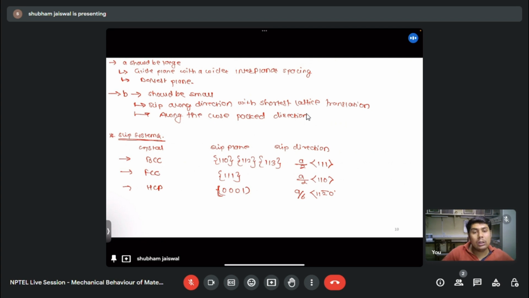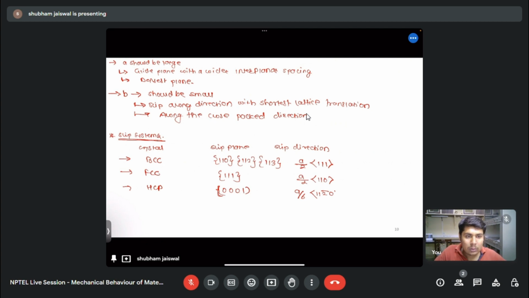So this is about the slip systems present in the different crystal structures. Similar to that, we have also seen how we calculated the planar density for the different planes in the FCC and BCC. So these are the things we have studied in the last week's content.